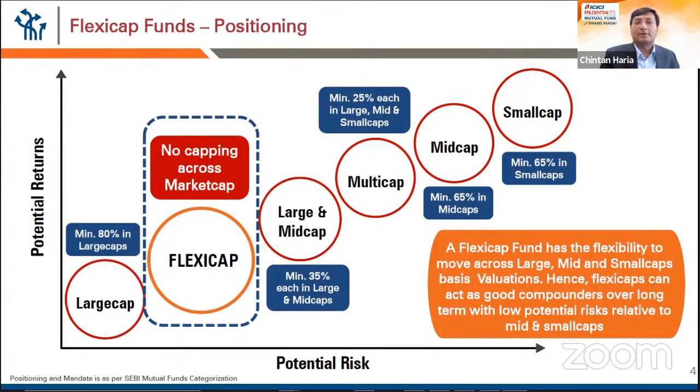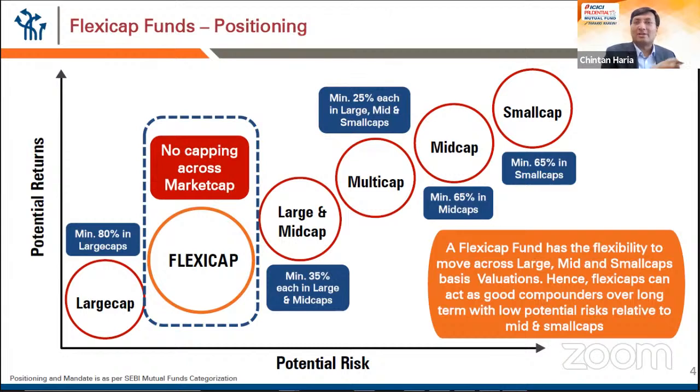On the other hand, if you look at a flexi-cap fund, it does not have any constraints. If the fund manager so wishes, he can be in 50% mid and small cap, or in 2018 beginning, for example, when the markets were irrationally expensive on mid and small cap, the fund manager could have chosen to be 0% in mid and small cap.